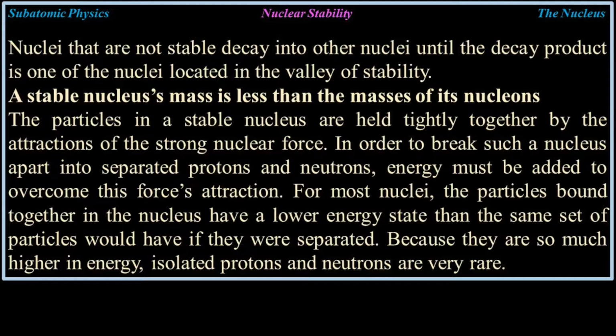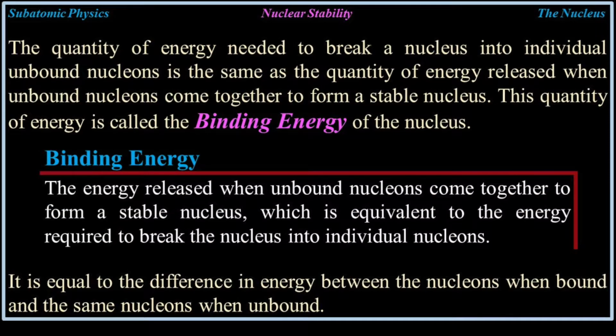Isolated protons and neutrons are very rare. The quantity of energy needed to break a nucleus into individual unbound nucleons is the same as the quantity of energy released when unbound nucleons come together to form a stable nucleus. This quantity of energy is called the binding energy of the nucleus.